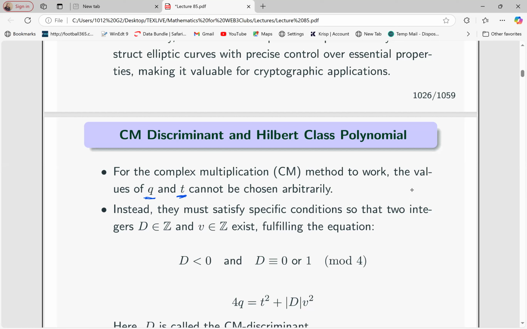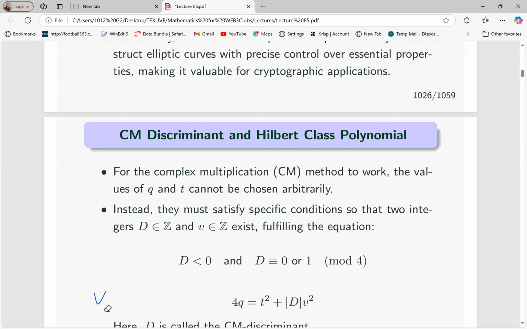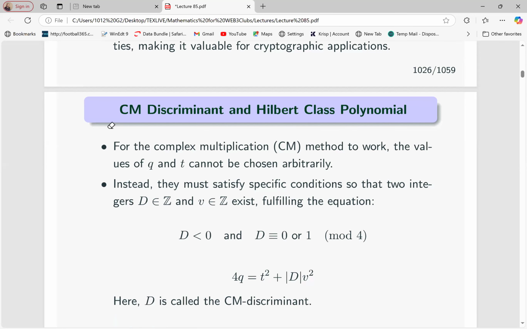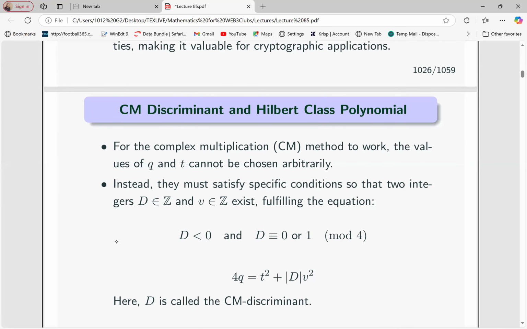They have to meet some conditions, and I've now put the conditions here mathematically. As I've said, they are not chosen arbitrarily. The conditions I've already explained, but now mathematically, I want to bring in the discriminant.